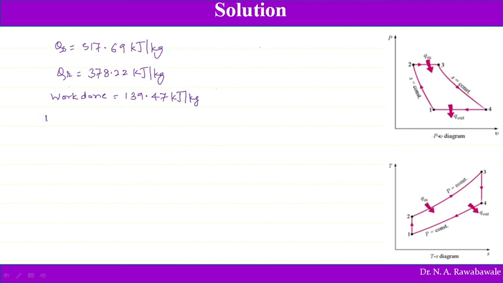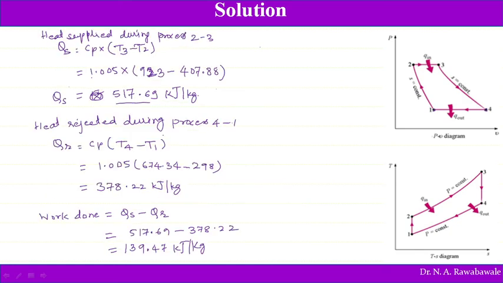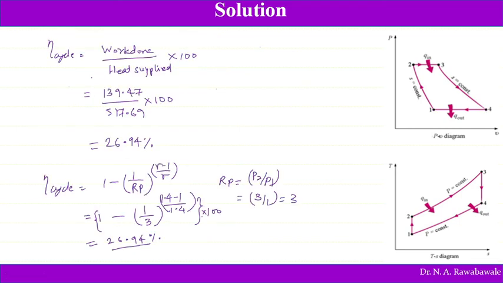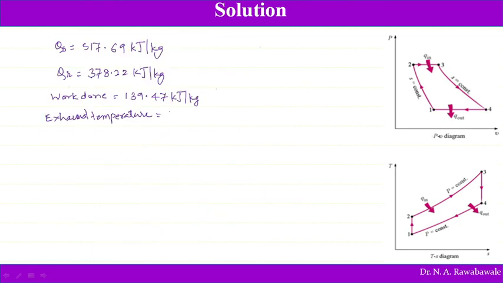And exhaust temperature at point 4, T4, is 674.34 degree Kelvin.